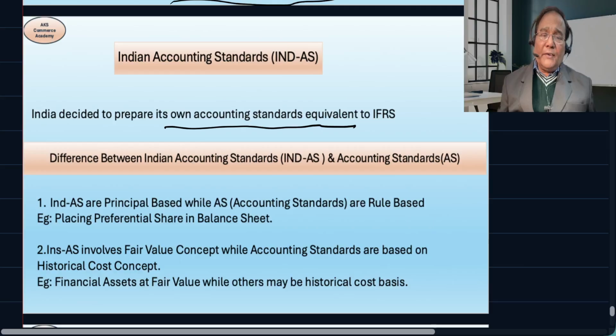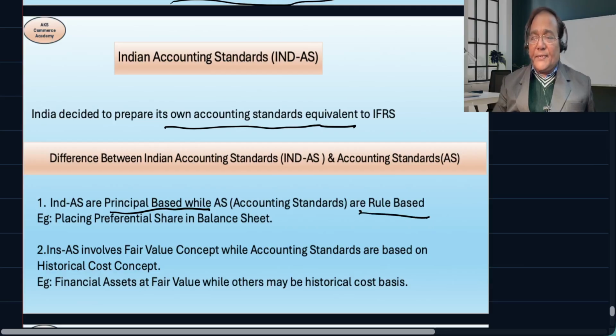Now, the difference between Indian accounting standard, which is Ind-AS, and accounting standard, though I have touched upon it, let's be a little more precise. So Ind-AS are principle based and AS, which is accounting standard, is rule based.